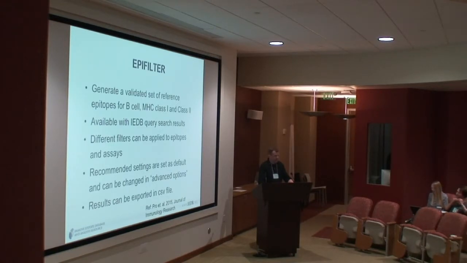One of the common things that we do in the lab, and other people use the IEDB for, is to identify a set of epitopes that you use as a cocktail to get at T-cell responses that are reactive to that epitope pool. So this is essentially a post-filter of IEDB query search results, where we've taken a heuristic approach of defining and counting how valuable the different assays are, and really defining epitopes, and then ranking them based on that.